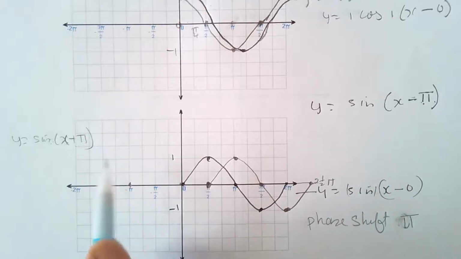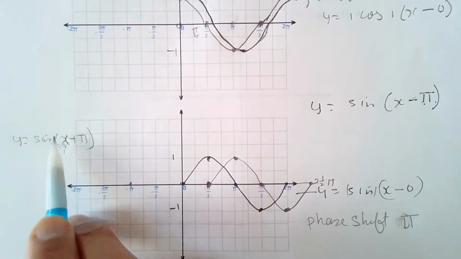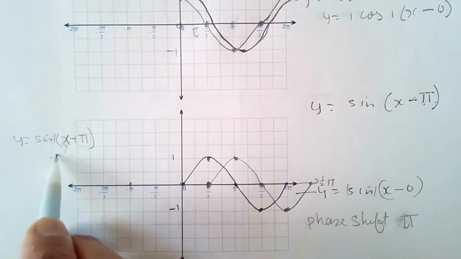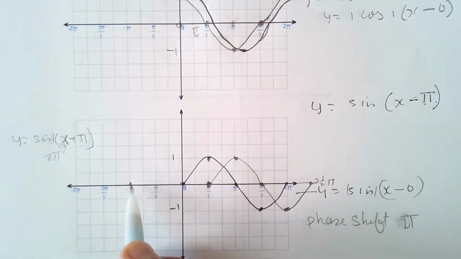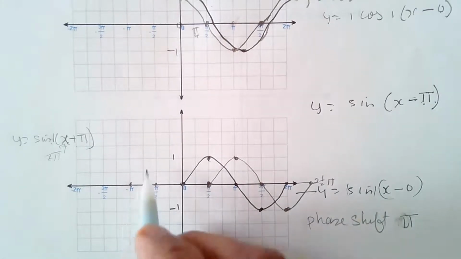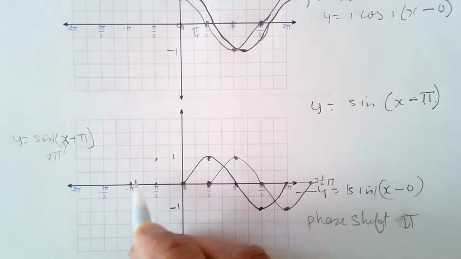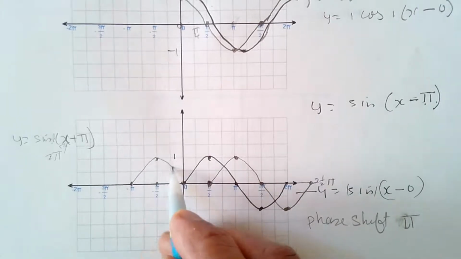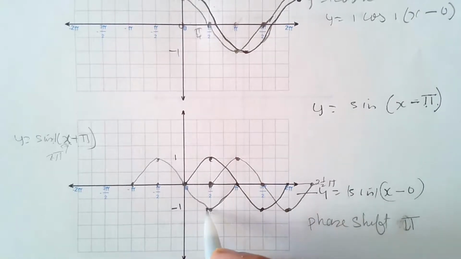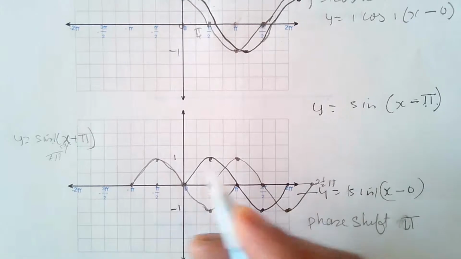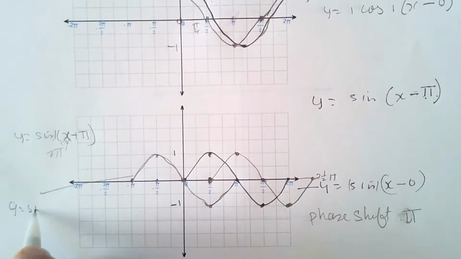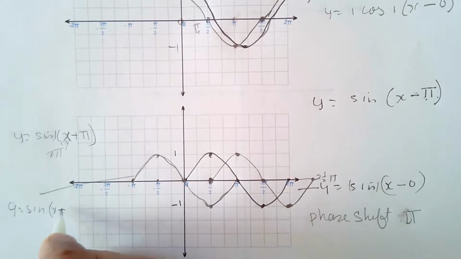It's still the same as one cycle of sine x. There's a b, but the b is 1, which gives 2 pi as your period. So we start from here, go up, come down, and that's your cycle. So this here is y is equal to sine of x plus pi.